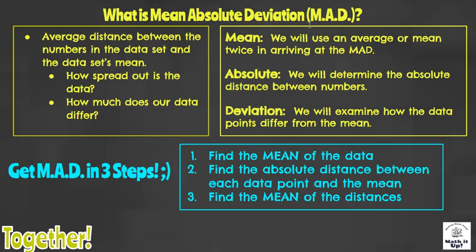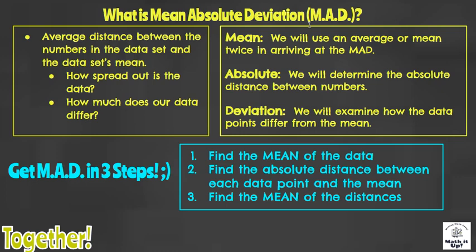So what is MAD? It comes from these three words. Mean: we know the mean is an average, and we will use average twice in arriving at the final MAD. We will use it first on our original data points, and then we will use it again on our differences.